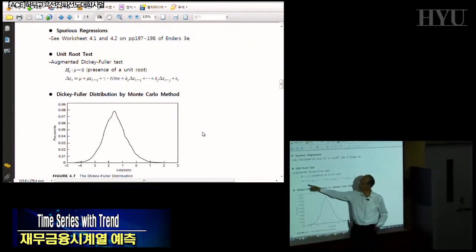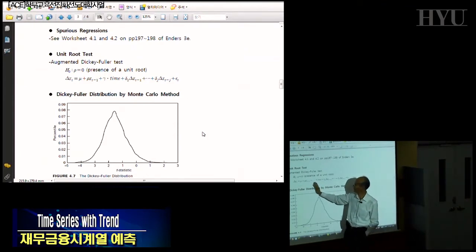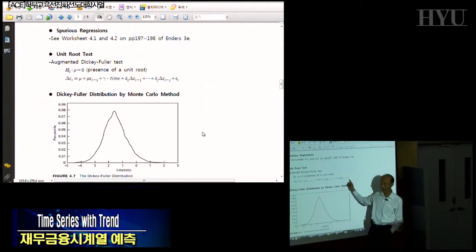If you write it this way, try to forget about this term. Again, what if rho equals 0? If rho is 0, then what it says is x_t = mu + x_{t-1} + epsilon_t, which is that one, the top left.